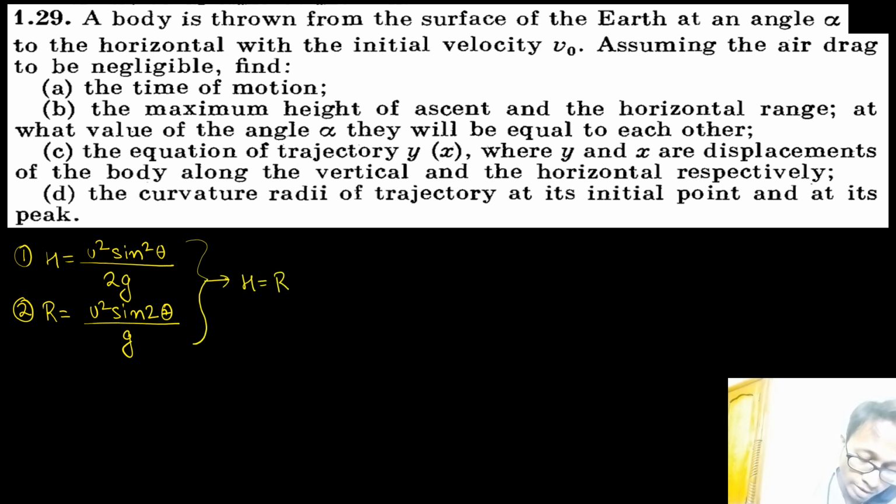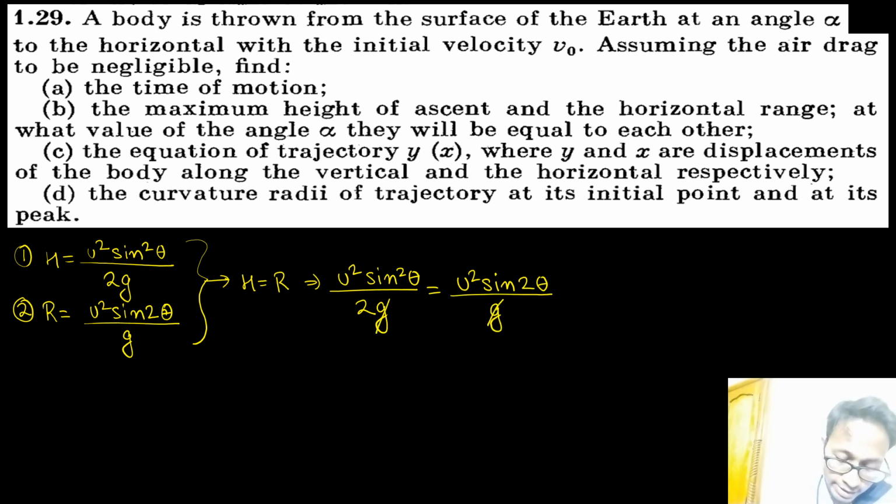H is equal to R when u square sine square theta by 2g is equal to u square sine 2 theta by g. G and g would get cancelled, u square and u square would get cancelled out here, when sine square theta by 2 is equal to sine 2 theta. How can sine 2 theta be written as 2 sine theta and cos theta?